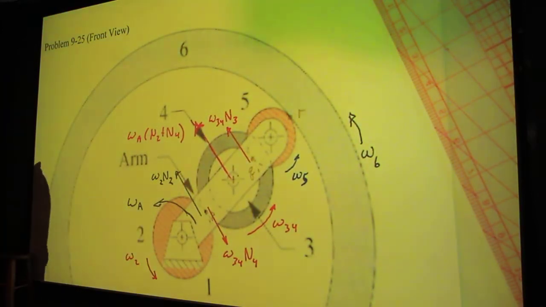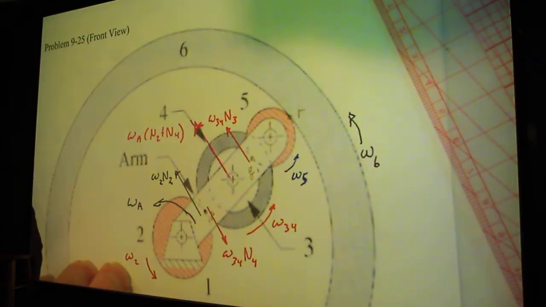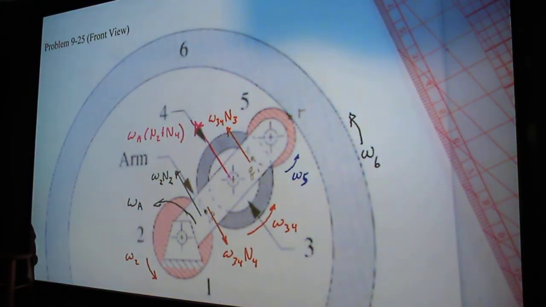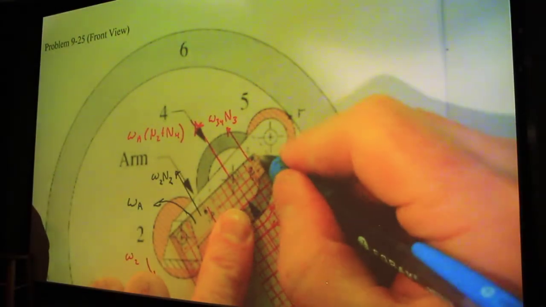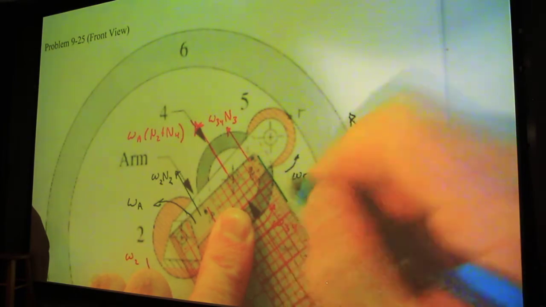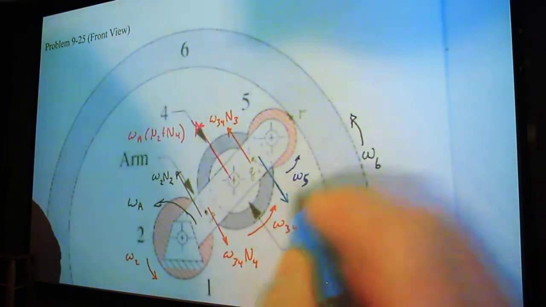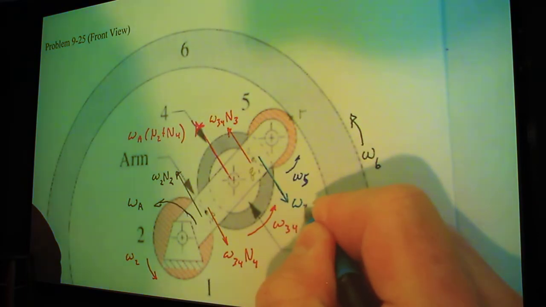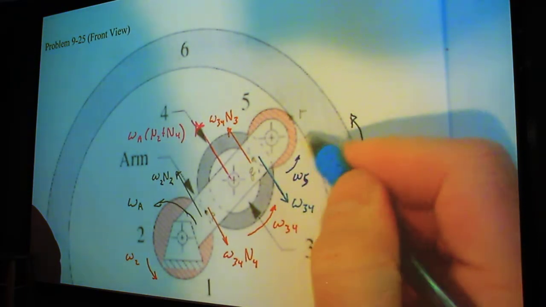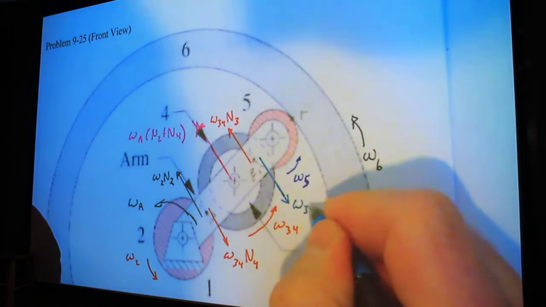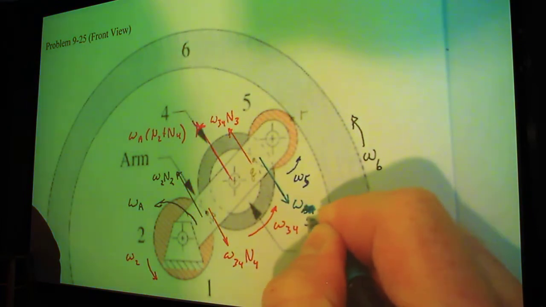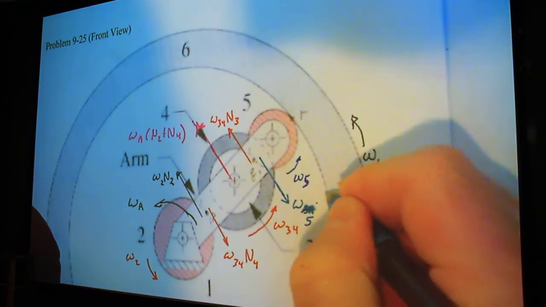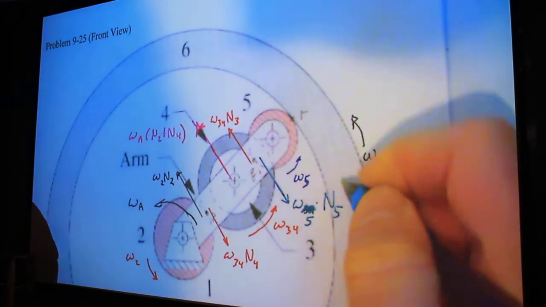So then we step over the pitch point and we find this one right here, which would be omega 3/4. Oh, I'm sorry, omega 5. Omega 5 times N5. Why is that not omega 3/4 and N4?